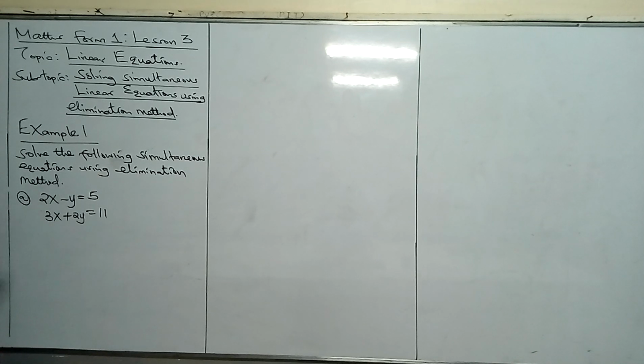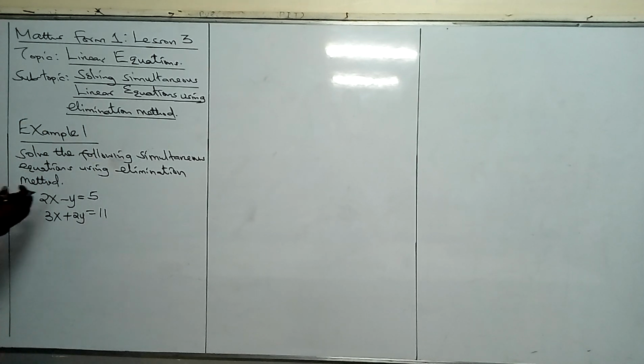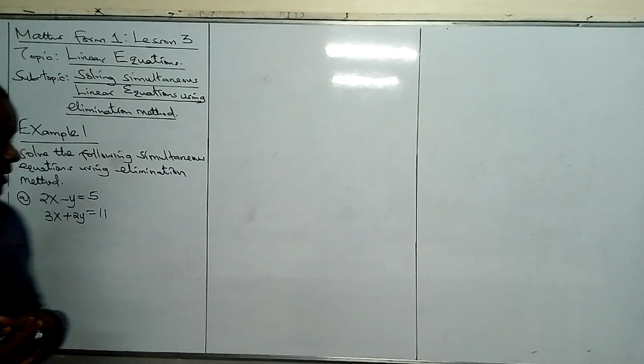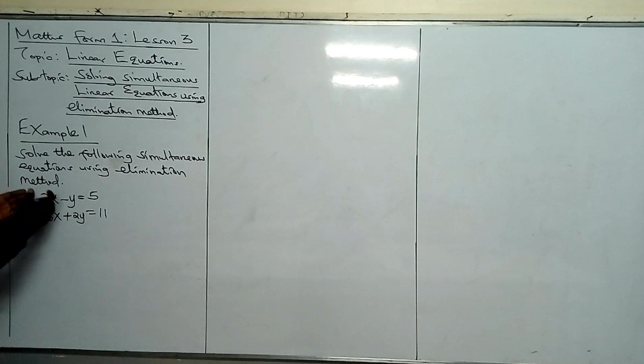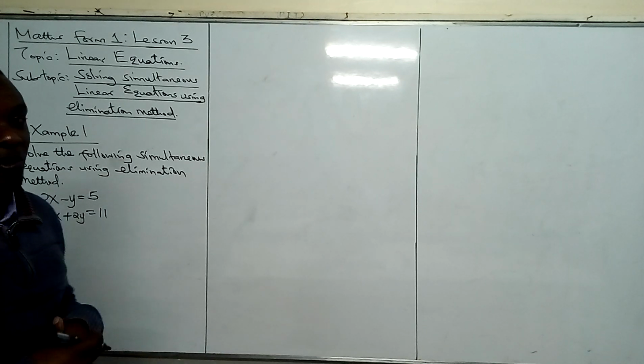For us to solve these 2 simultaneous linear equations, we will ask ourselves which unknown letter we are going to eliminate, because the method is talking of elimination. We have x and y as our unknown letters. If we decide to eliminate x, the coefficients of x in both equations should be equal.